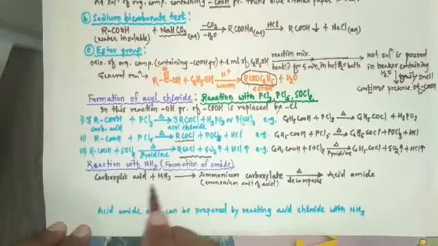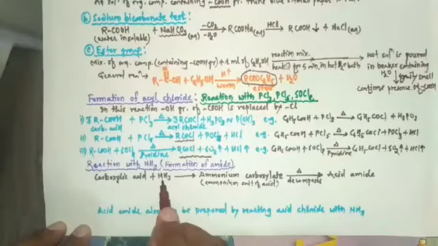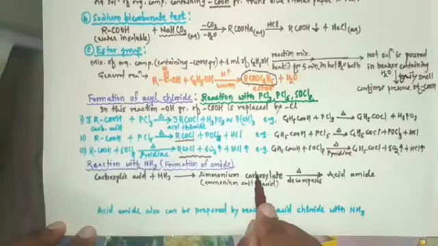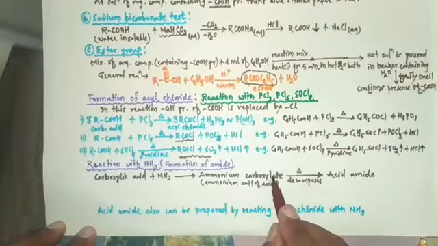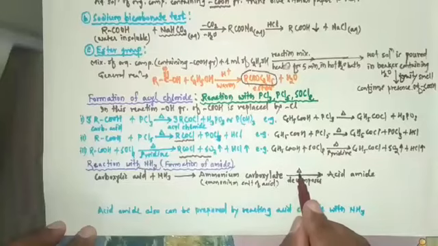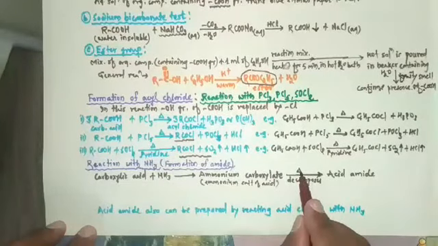So carboxylic acid on reacting with ammonia, first of all ammonium carboxylate is formed. This ammonium carboxylate, on heating at high temperature, decomposes to give acid amide.